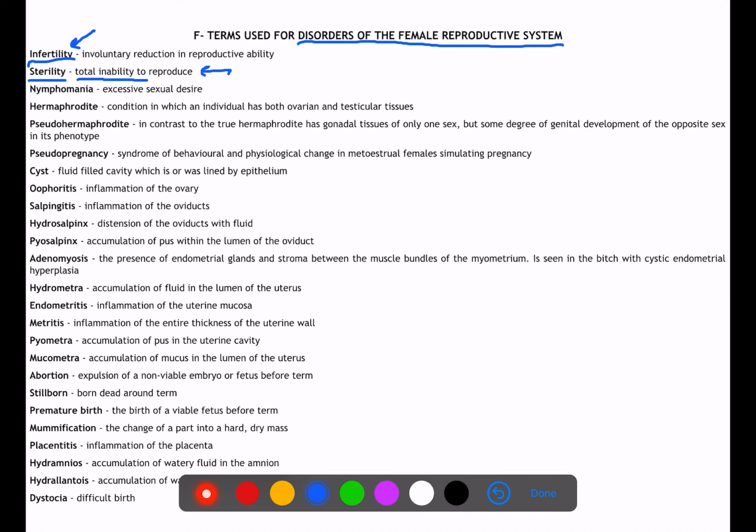Nymphomania means excessive sexual desire, and it is usually due to increased hormonal concentration.